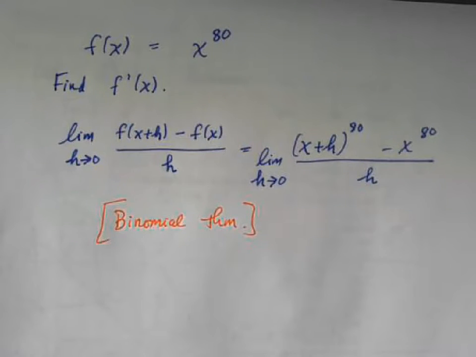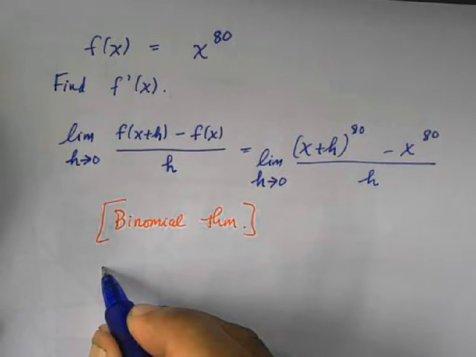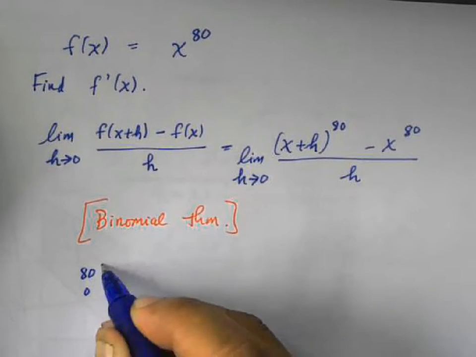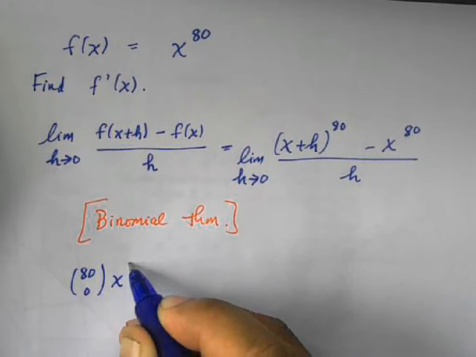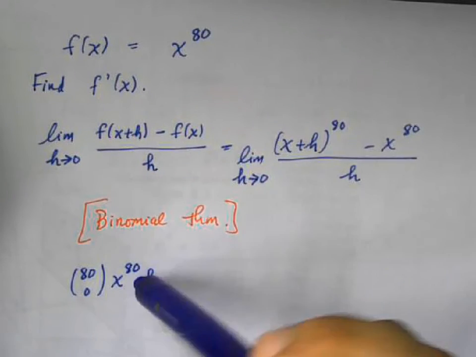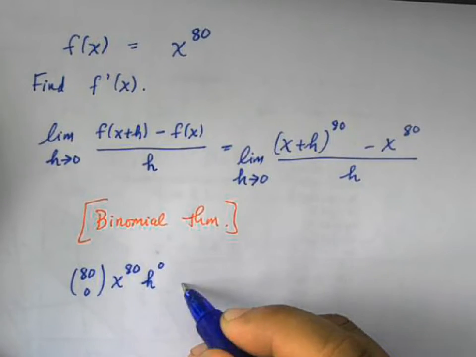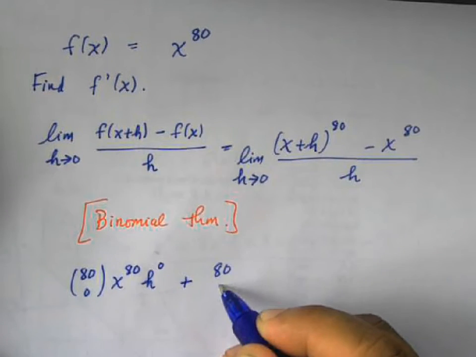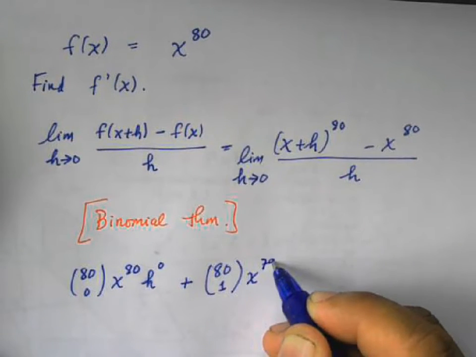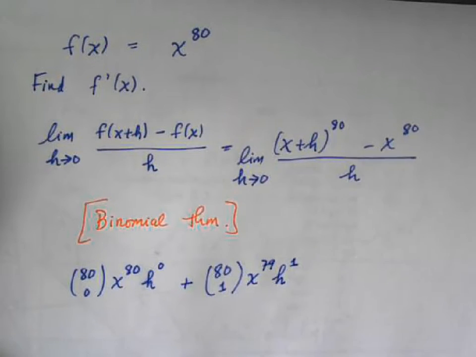But if we apply the binomial theorem to (x plus h) to the 80th, what we have here is 80 choose 0 times x to the 80th power times h to the 0th, plus 80 choose 1 times x to the 79th power times h to the first power.